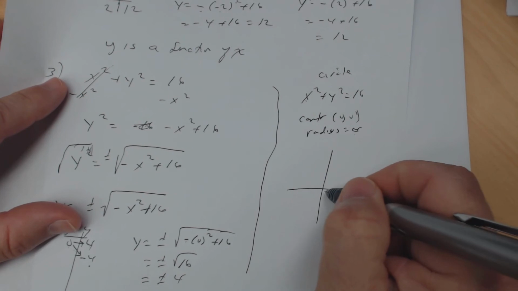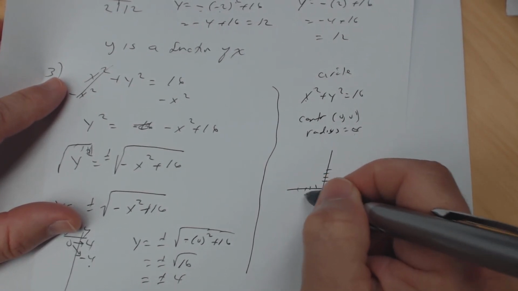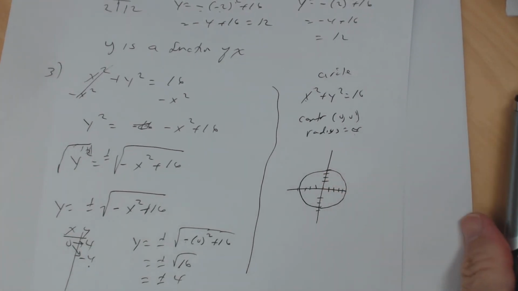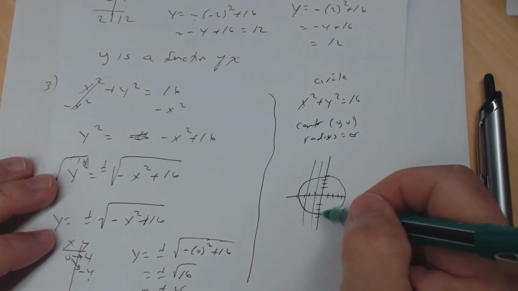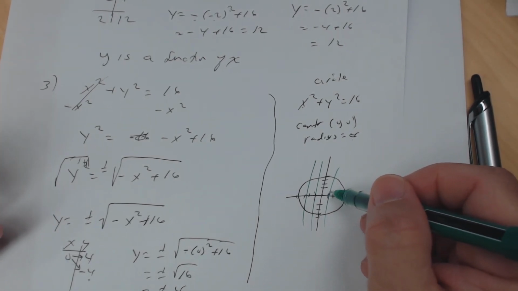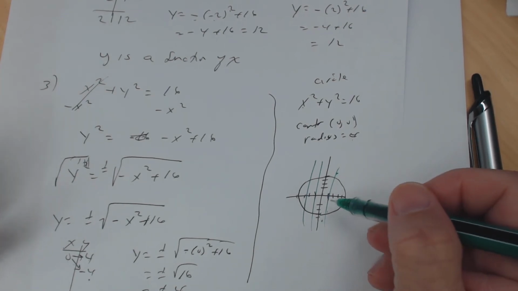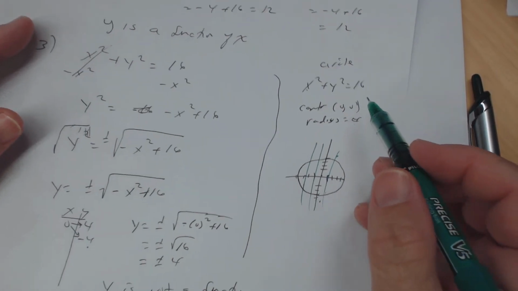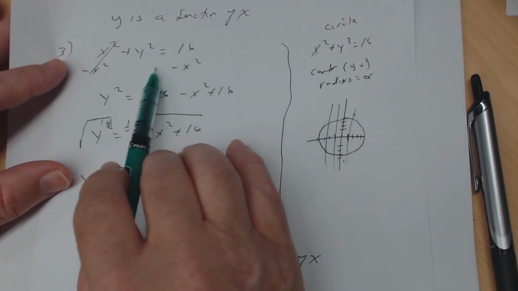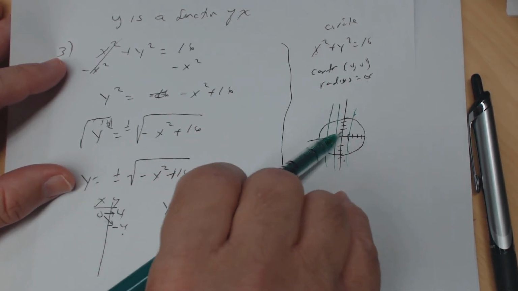So if you were to graph it, here's the center. You go 4 units to the right, 4 units up, 4 units to the left, 4 units down, and you get the circle. What do you notice? Well, it fails the vertical line test. Right here, it intersects the graph twice. That means for this x coordinate, there are two different y coordinates. All right, so unless it says do this algebraically, if it doesn't say anything at all about how to solve or how to determine it, then you can show the circle.